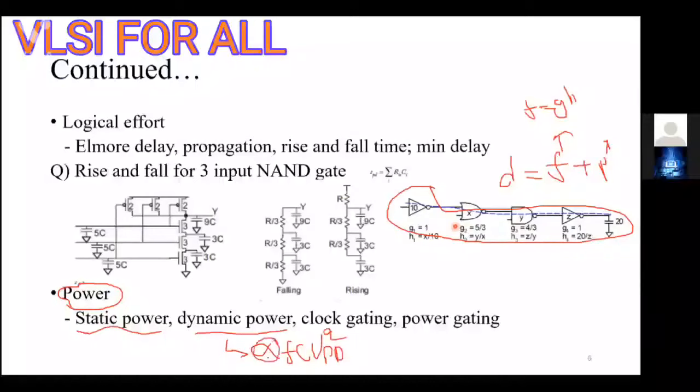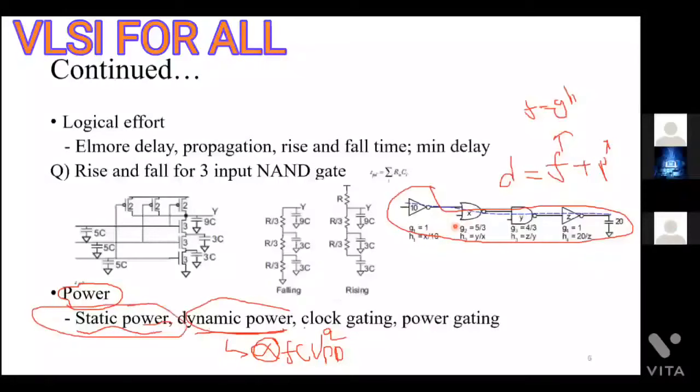Activity factor corresponds to the number of transitions in a given cycle. And there are techniques to reduce this dynamic power as well as static power. These are all theoretical. You can check in some book.